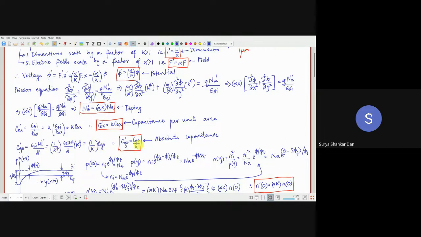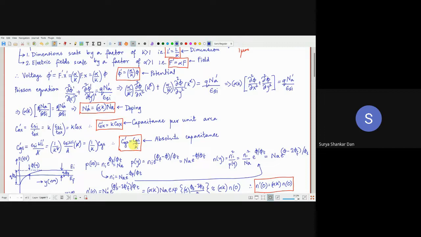So the conclusion is simply that the terminal capacitances, that is the absolute capacitance, whereas here it was capacitance per unit area, the absolute capacitance in farads will be equal to CGS divided by k. Notice it is into k, this is divided by k. Okay, so what does it imply?